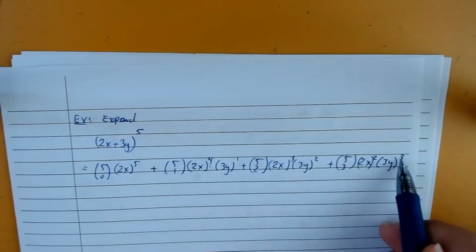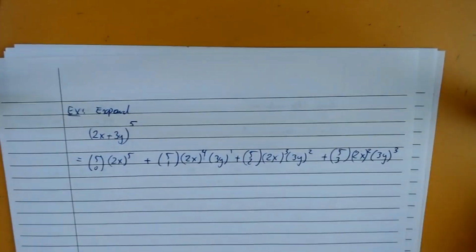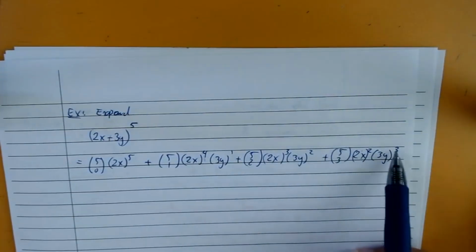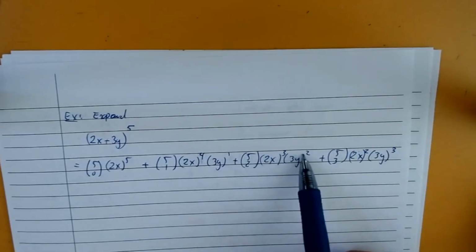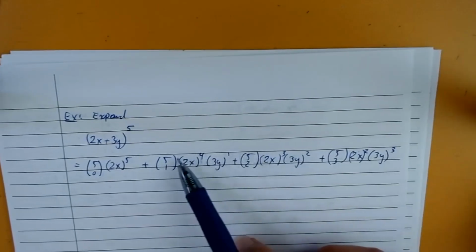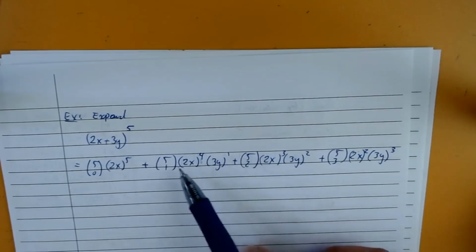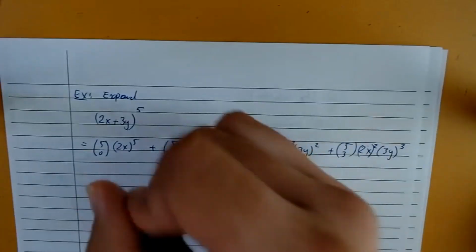Notice this bottom number always matches that one. Also note that the sum of those two is always equal to that one, right? 2 plus 3 is 5, 1 plus 4 is 5. These two powers always add up to the top one. The second power always matches the bottom one.